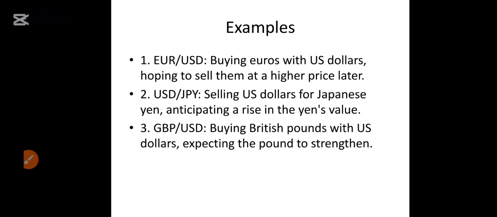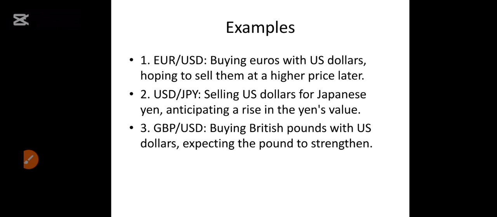Now you can say, okay, buying GBP, that's Great Britain pounds, against USD, buying British pounds with US dollars, expecting the pounds to strengthen. Okay, so the same process: you went to the Bureau de change, where they exchange money, and exchange your USD to British pounds, expecting the British pounds to rise.